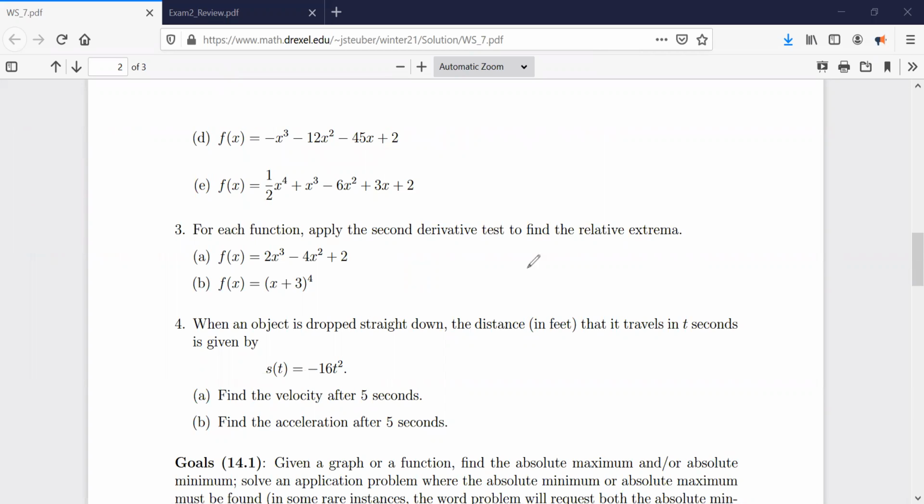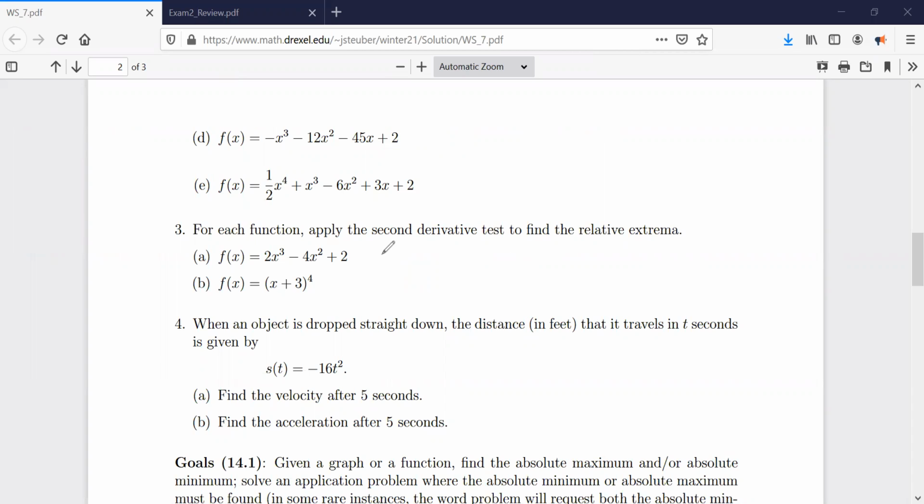So apply the second derivative test to find the relative extrema. So first thing I'm going to do is find critical points using the first derivative, right? I'll do both actually.